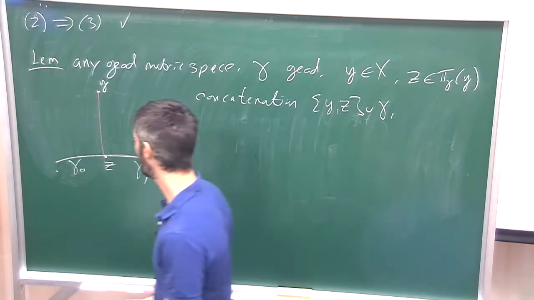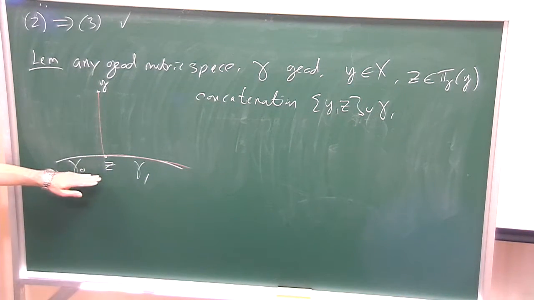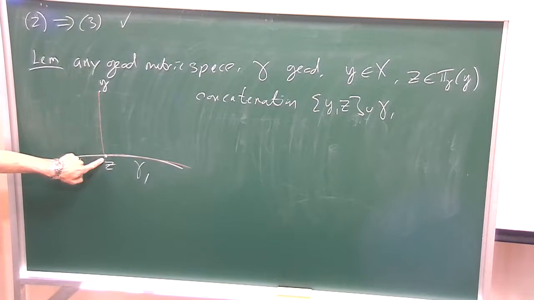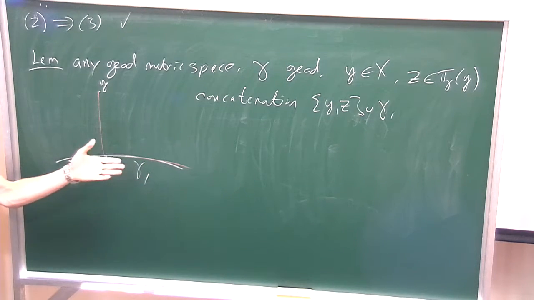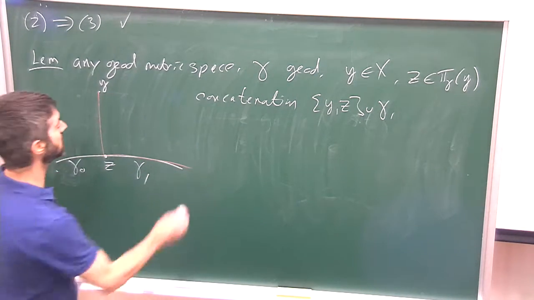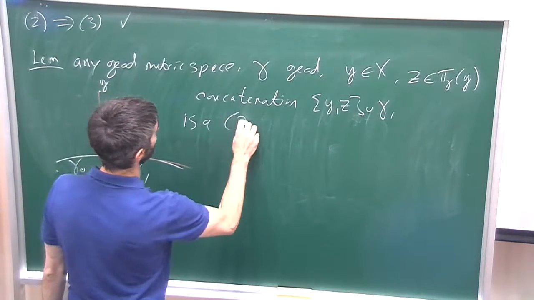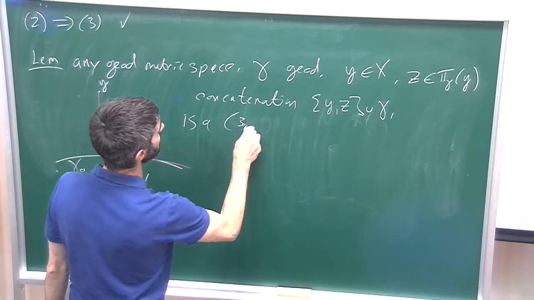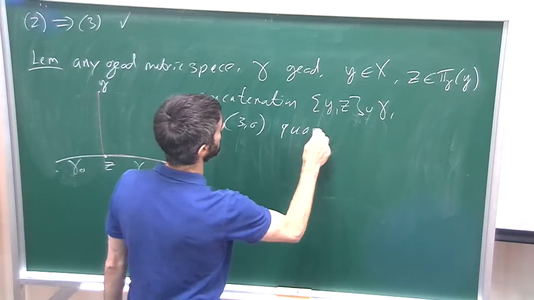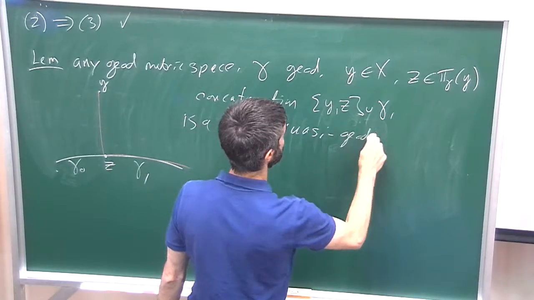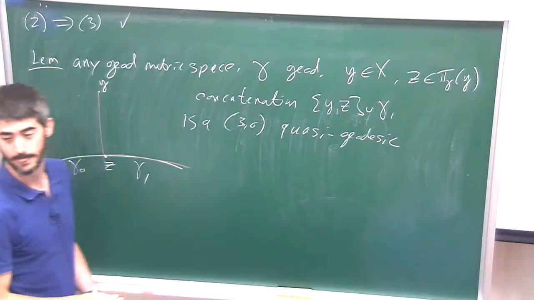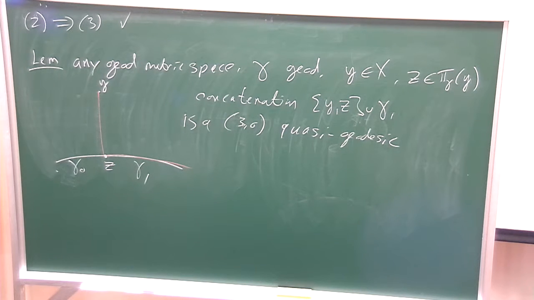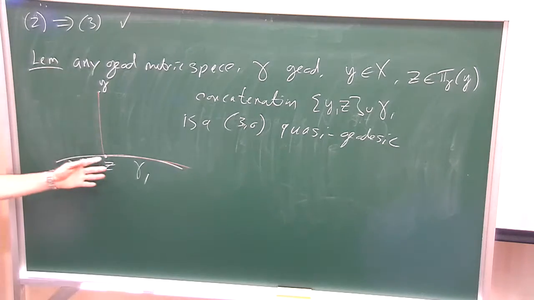And the lemma says that anytime I do this, if I take this concatenation to z and then I go like this, I get a quasi-geodesic. In fact, it's a (3, 0) quasi-geodesic. Okay, does it make sense what I'm claiming? All right, and I mean like parameterize this path in the usual way.